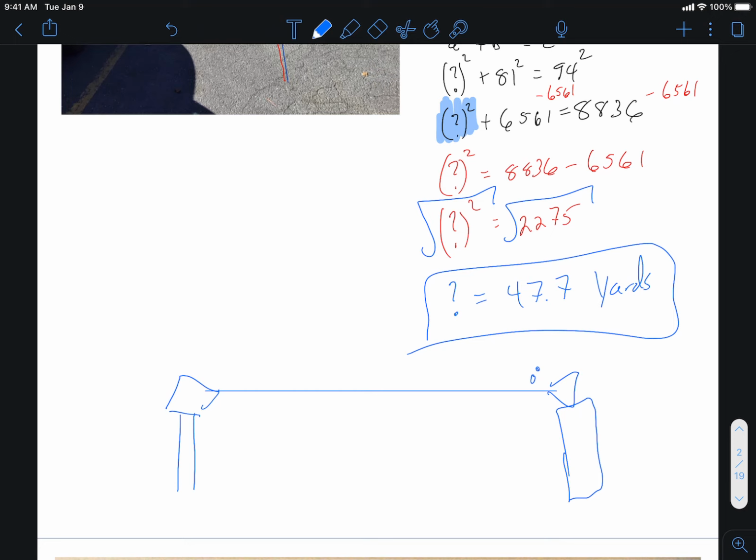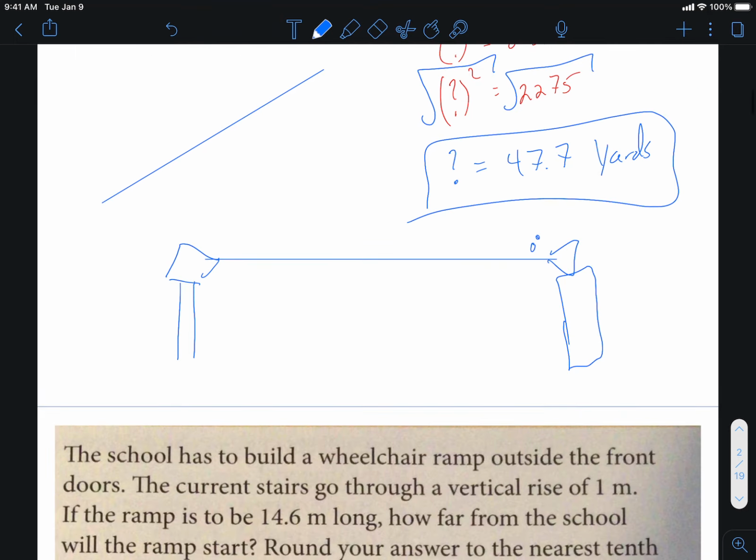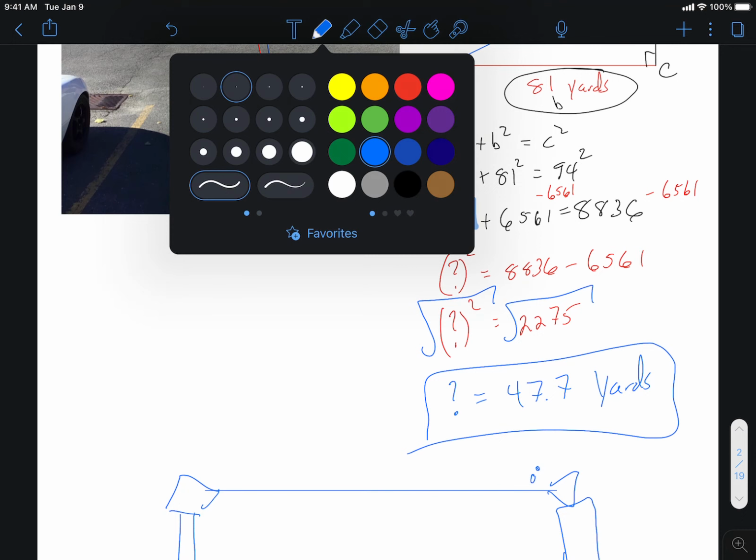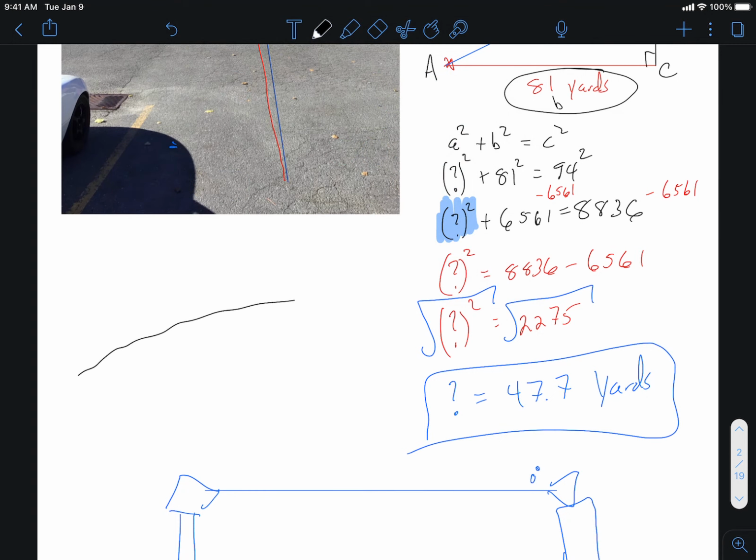If they were trying to build like, I don't know, a road, obviously roads have different, call them grades. The word grade means how steep the road is. If they need to make sure that the road isn't any greater than a particular angle, they set these things up as well, right?